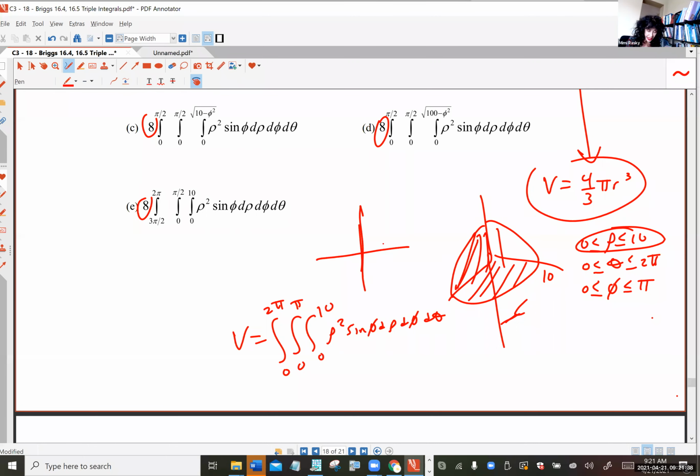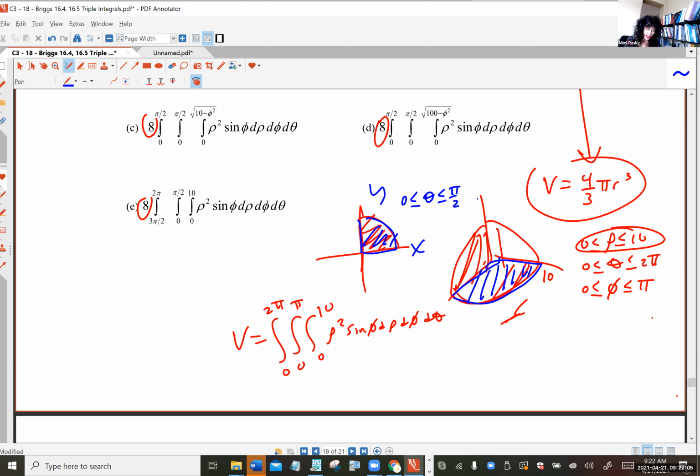But now the 1/8 of a sphere, if you look at the base of it in the xy plane, it's only doing the first octant. So when you limit yourself to the first octant in 3D, that means you're limiting yourself to the first quadrant here. So this is going to limit my theta. Theta is going to only go from 0 to pi halves now.